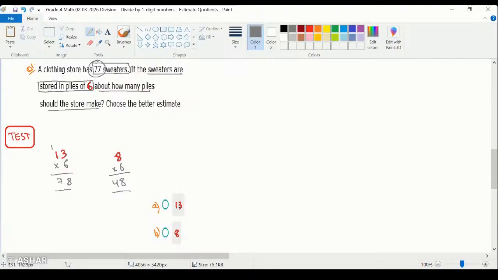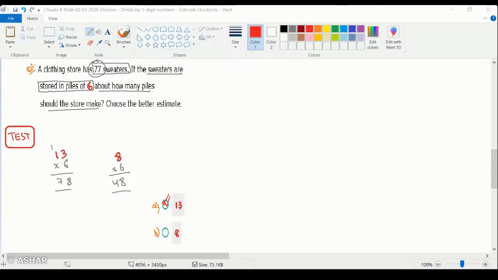Yes, option A. When the answers are given, it's easy to find because we simply multiply by the number of piles. They had 77 sweaters to be stored in piles of 6. So 6 times 13 is 78. That means they need to make 13 piles.